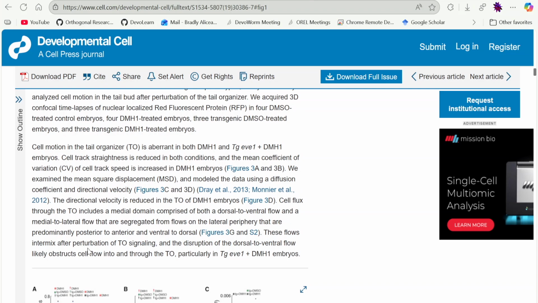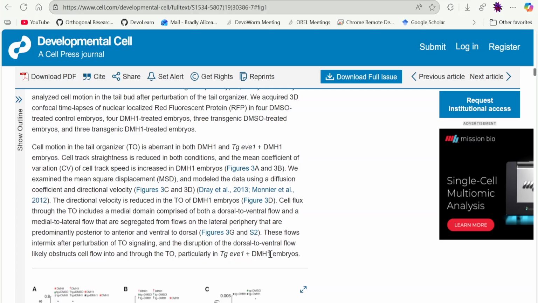These flows intermix after perturbation of tail organizer signaling, and the disruption of the dorsal to ventral flow likely obstructs cell flow into and through the tail organizer, particularly in the transgene Eve1 plus DMH1 embryos.